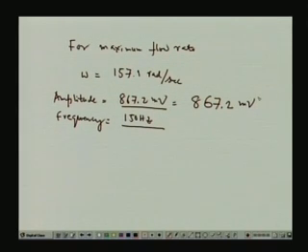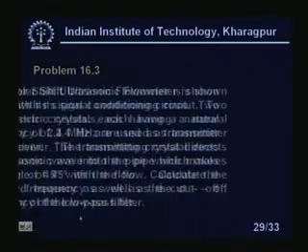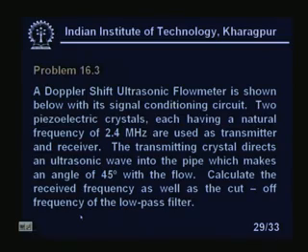Let us do the other problem. Let us go to problem number 6.3. Problem 6.3 is on the Doppler flow meter. As you know, there are two types of Doppler flow meters, time shift measurements and Doppler shift measurements. So, let us first do the Doppler shift ultrasonic flow meter problem.